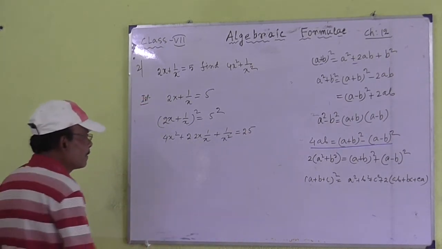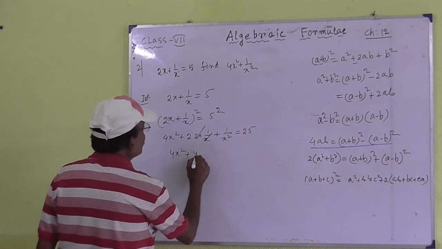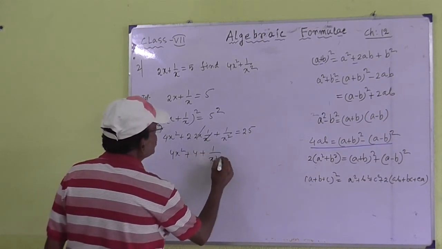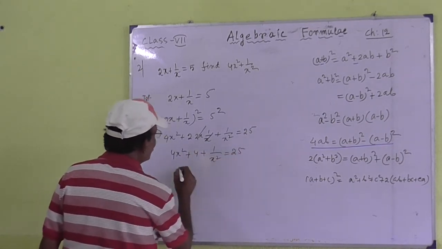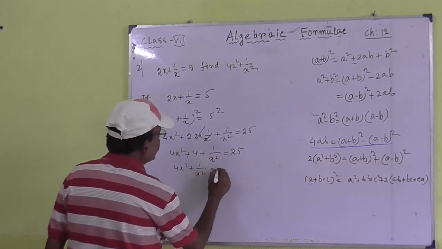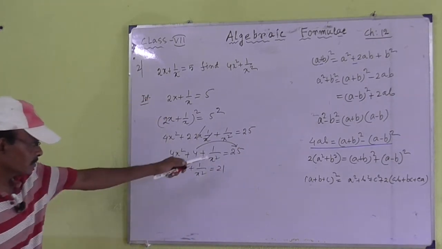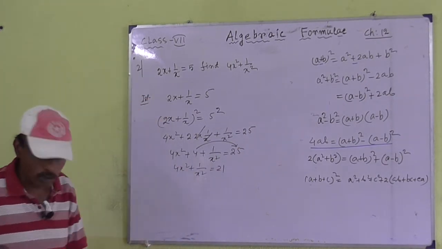Clear? Cancel x, x. So, 4x square plus 4 plus 1 by x square equal to 25. So, 4x square plus 1 by x square equal to 25 minus 4 equal to 21.